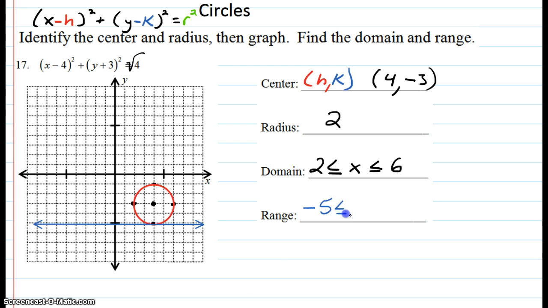So since it's touching, we include the line, so less than or equal to. And we just keep moving up until we find the last point it touches. And it looks like that's going to be right about there at negative 1. So it's less than or equal to negative 1.